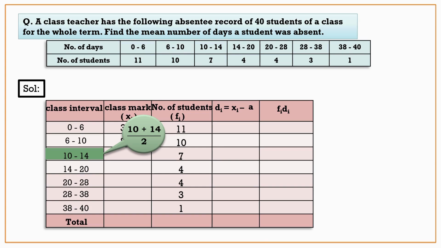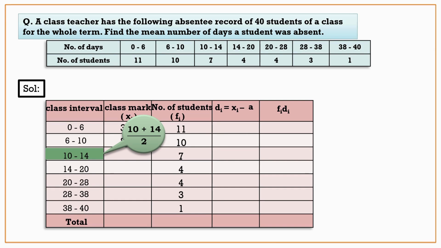If you take a look here, in the first row it is given 0 to 6, right? So in the first row the class width is 6. But in the next row, 6 to 10, there you will find the class width is 4. So here the class width is not consistent, right?